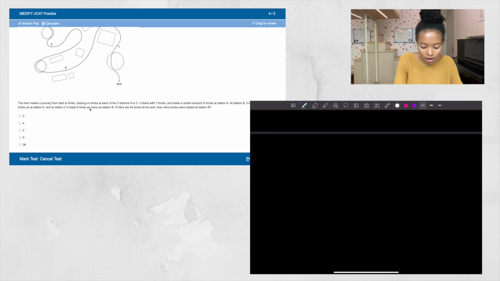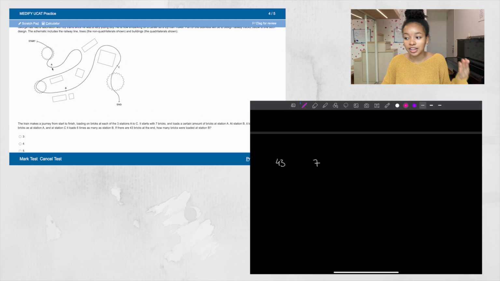So they say that we have, at the end of the journey, 43 bricks, right? But the train at the beginning had 7 bricks. So to figure out how many bricks were added to the train during the journey at station A, B, and C together, we have to subtract this, and that would give us 36 bricks, okay?